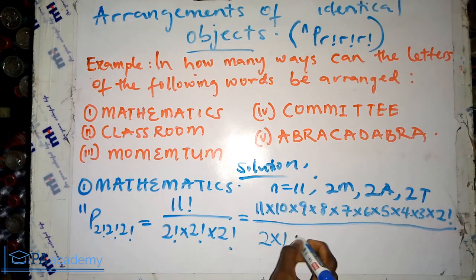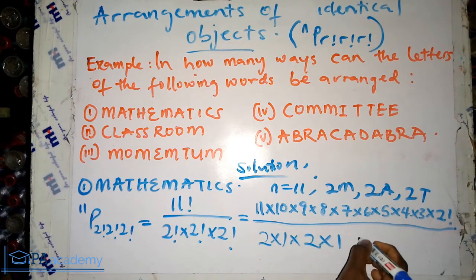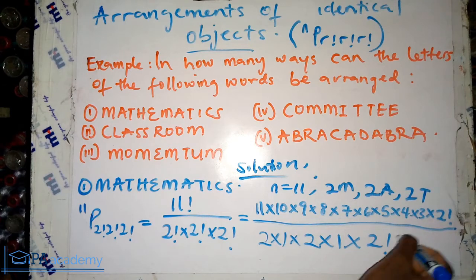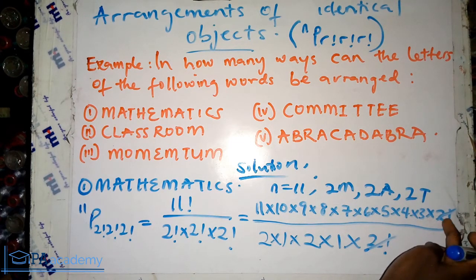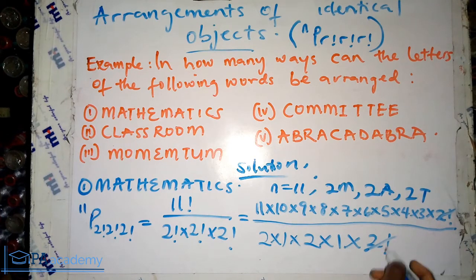Then the second one is times 2 times 1 times 2 factorial. You can see I also pick this one and stop at 2 factorial. The reason is that this 2 factorial can also cancel this 2 factorial. So instead of writing it as 2 times 1, you can just cancel it out from this point.